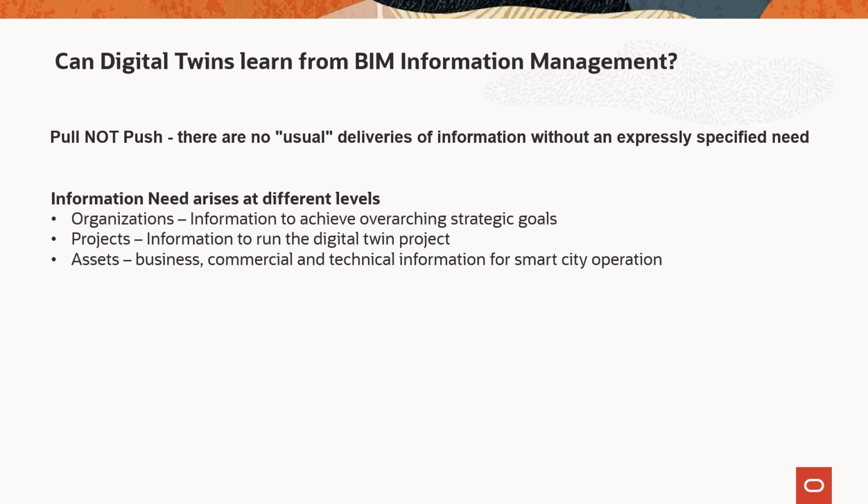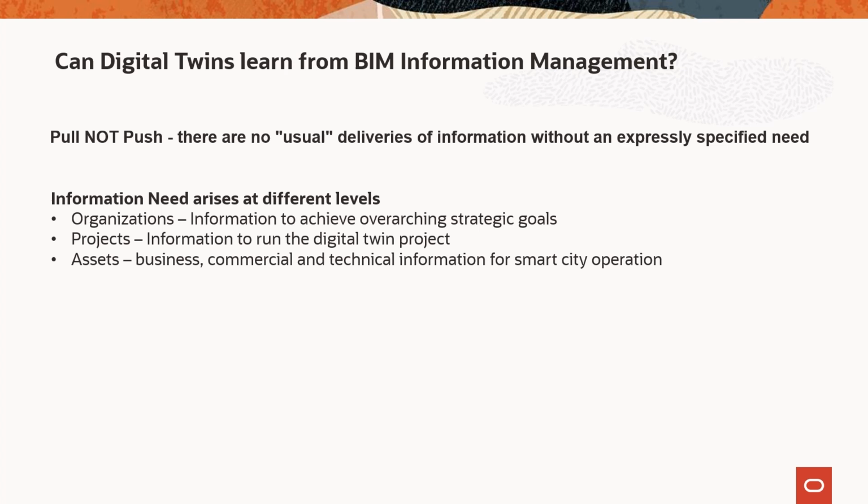On the organizational level, information to achieve overarching strategic goals of a company, authority, or institution. In this case of urban digital twins, it might be overall regulations for building permits, urban planning, etc. On the level of projects, information to run the digital twin project, for example, to simulate the effects of construction work on traffic in the city.